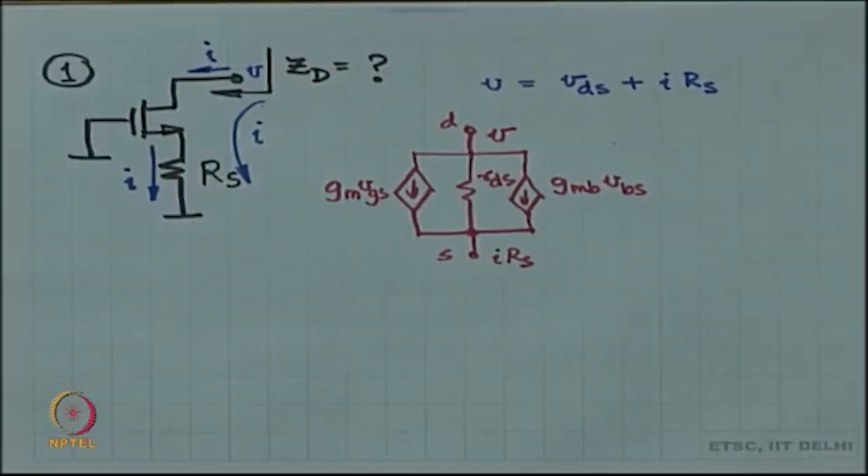That is what is there inside the MOSFET. So, the drain is at a voltage V, source is at I times RS, gate is at ground.